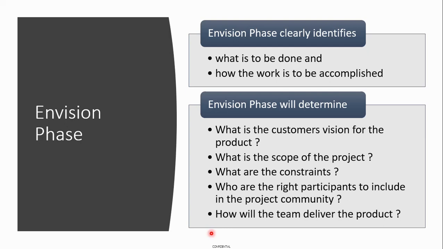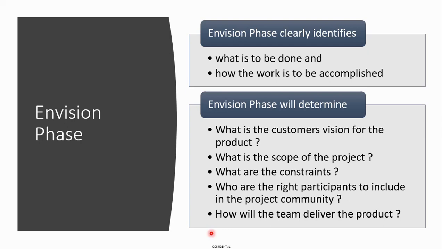So what is the customer's vision, what is the expectation, what is the overall scope of the project, and like the charter, what we understood: what are the constraints, what are the high-level risks, what is the high-level budget, what is the team to be delivered, who are your stakeholders. So this is almost similar to that. Try to understand the overall picture of the project.